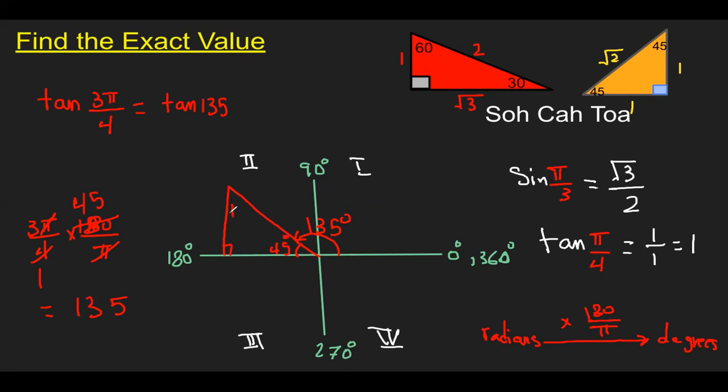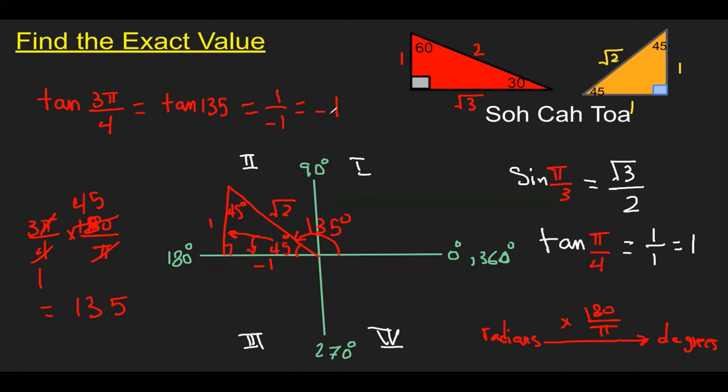So this is 45, this is 45. And therefore, this will be root 2 according to this triangle. This is 1, and this is -1 because the x-axis here is negative. So tan 135, its opposite, which is this one here, over the adjacent, which is that one. So 1 over -1, which gives me -1. So that's how you do tan 3 pi over 4.